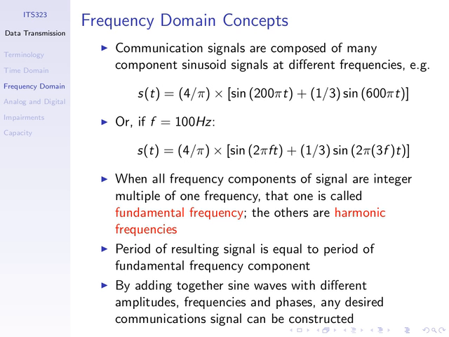The phase offset is 0, so it starts at 0, as we would expect a sine to. The peak amplitude is in fact 1, so this point is plus 1 and this point is minus 1.